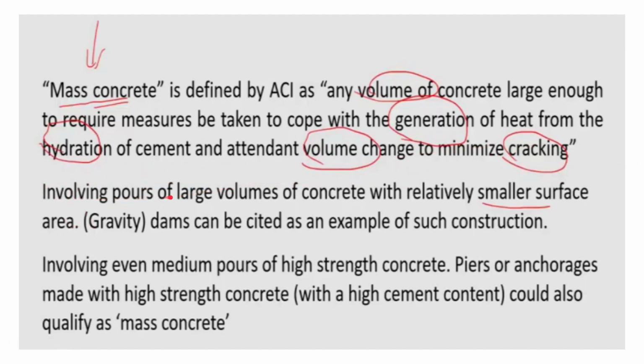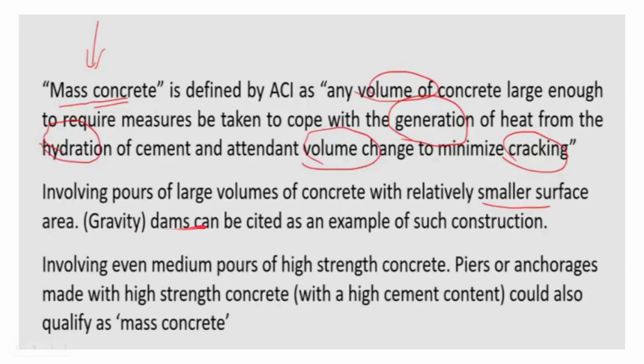So it involves pours of large volumes of concrete with relatively smaller surface area. The best example is gravity dams, dams whose capability comes from their weight, which store water and resist water movement due to the moment generated by their weight.